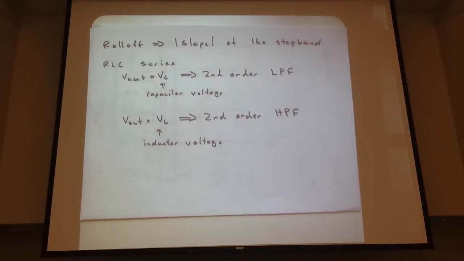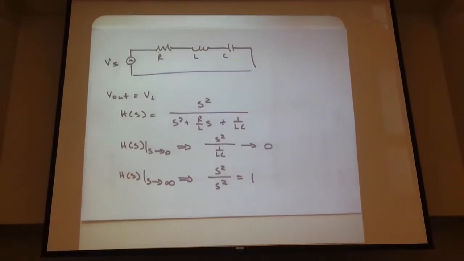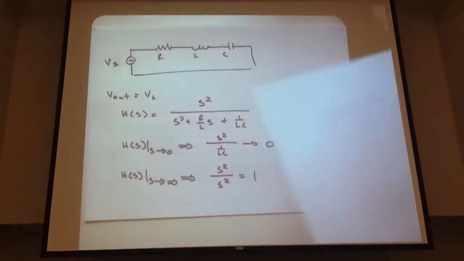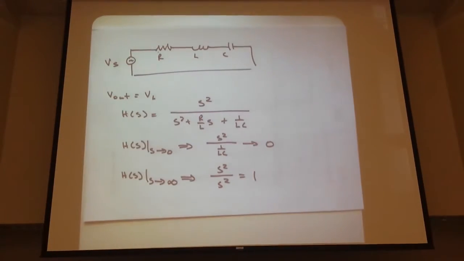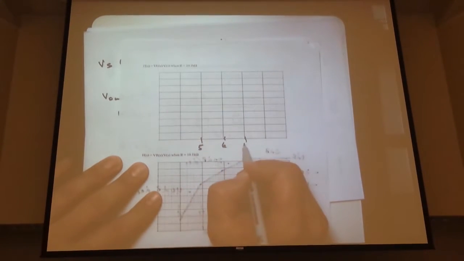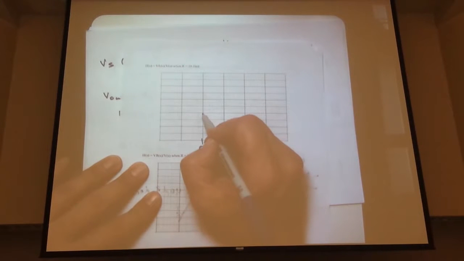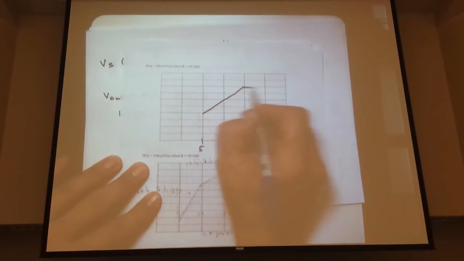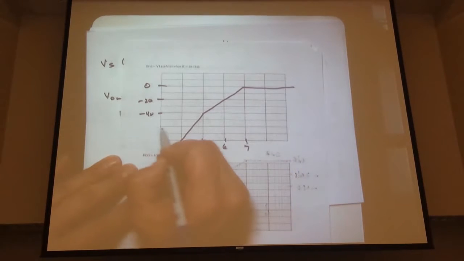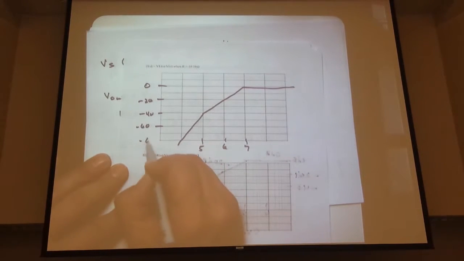Well, we have a third option. And we can plot the Bode plot if you're so inclined. We should be able to do it fairly quickly. This one piece of paper. 5, 6, 7. It's just the inverse of what we saw before. 20 dB per decade. There's 0, minus 20, minus 40, and then falling off, minus 60, minus 80.